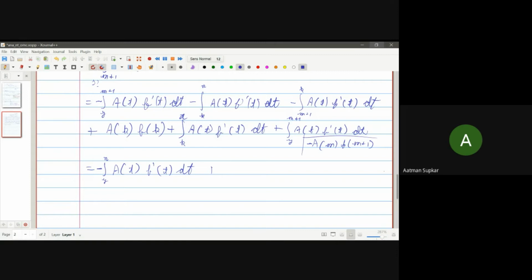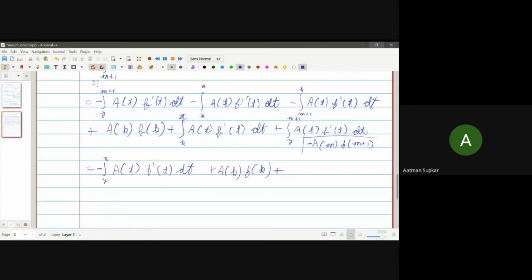Now, here, a of k, f of k, plus the integration from k to x. In this entire duration k to x, the greatest integer function of t is always k, right? It won't become k plus 1. That would require x to exceed k plus 1, but that can't happen because of the definition of k.